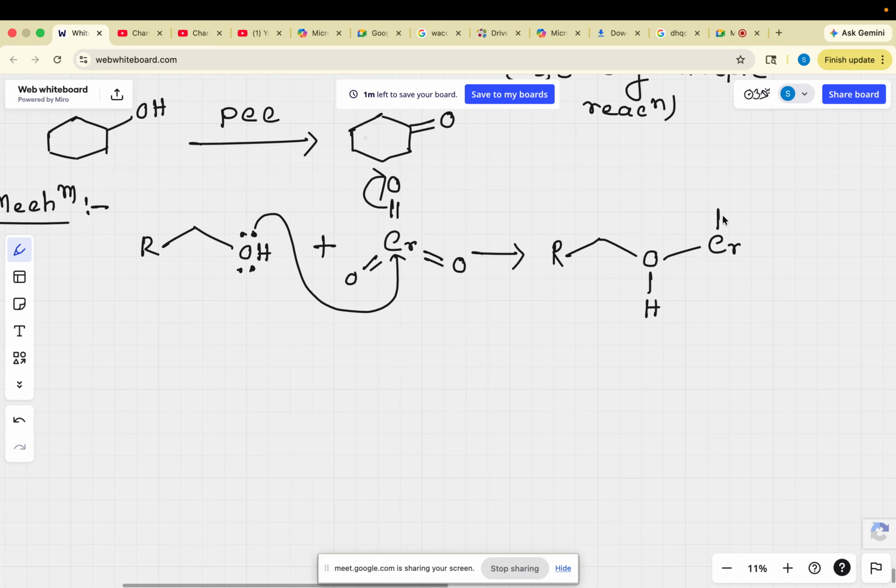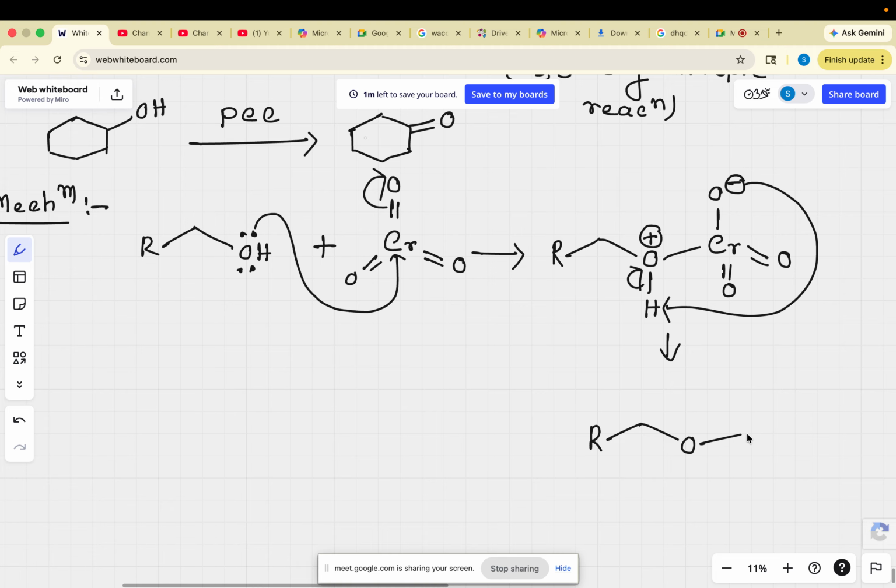Here you will get O minus, here double bond O, and here also double bond O. Here oxygen is donating the electron, so it will be positively charged. Now this O minus will abstract the proton from here. Once it abstracts the proton, you will get this oxygen, and on chromium you have OH, then double bond O, double bond O. Clear?